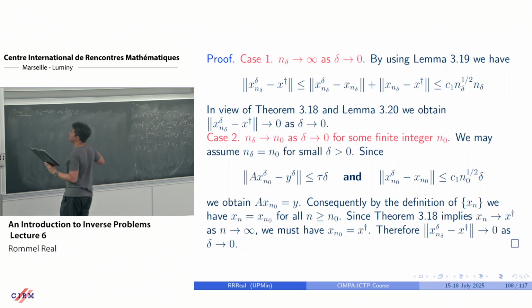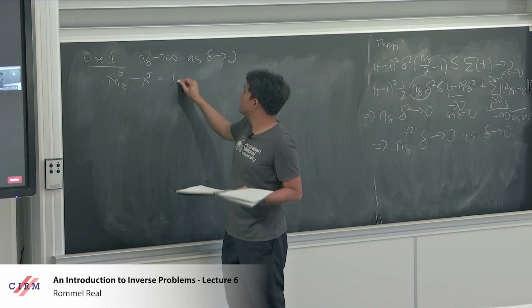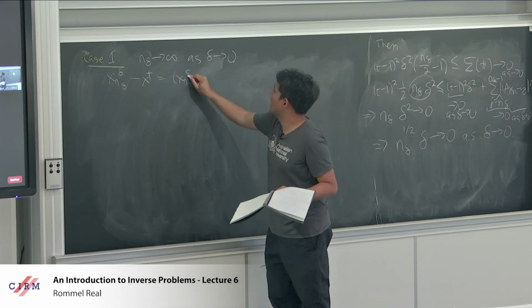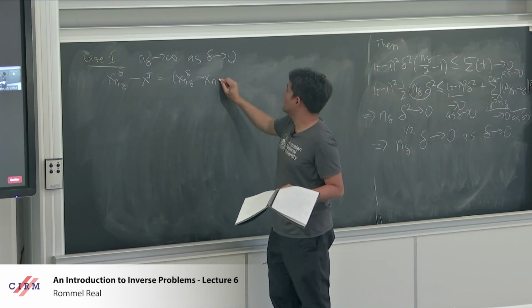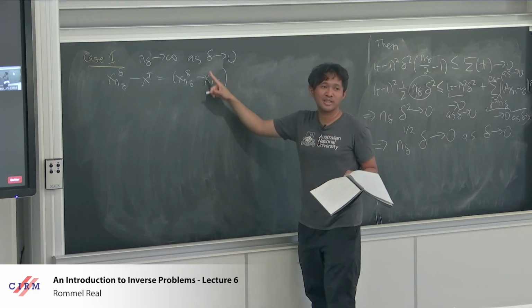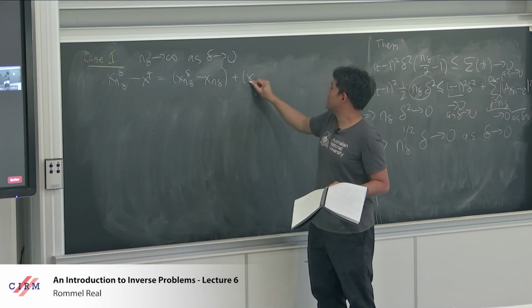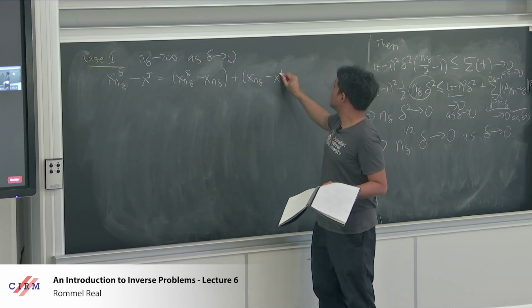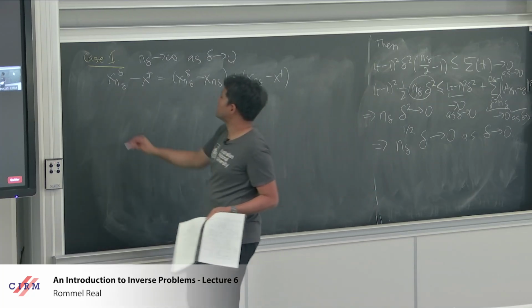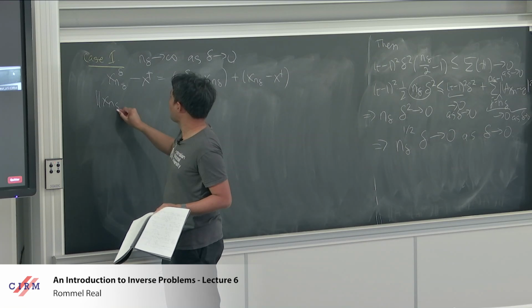Now, by triangle inequality, note that we can decompose x sub n delta, the error between the regularized solution and x dagger, in this way. Note this one is for the exact data case where we terminate by the discrepancy principle, plus this one. And then by triangle inequality, you have this one.